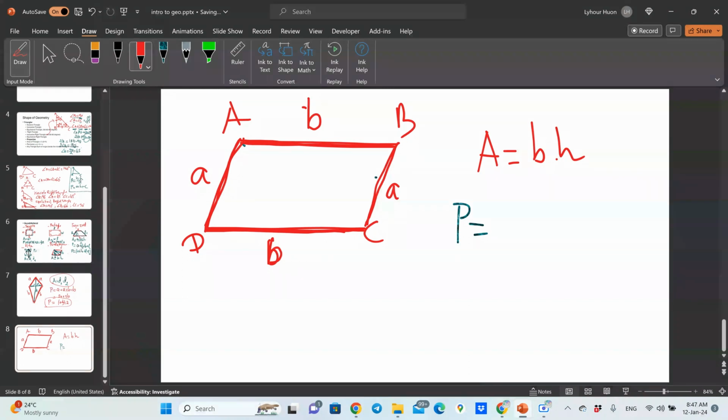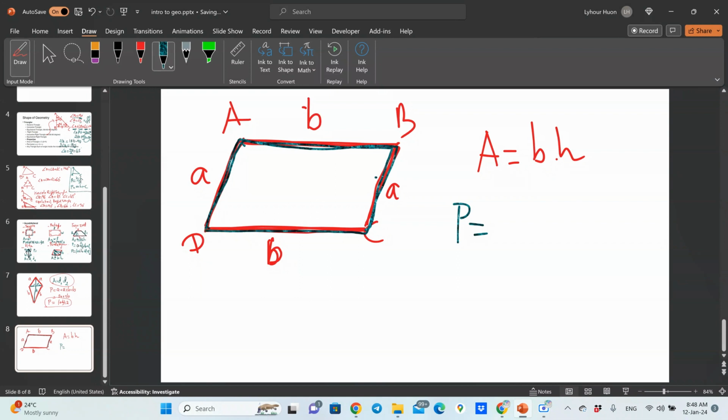Perimeter is the distance around the shape. So the distance is from here to here, from here to here, from here to here, and from here to here.